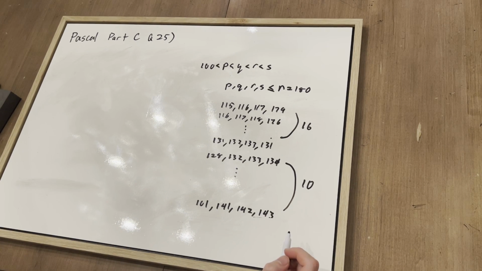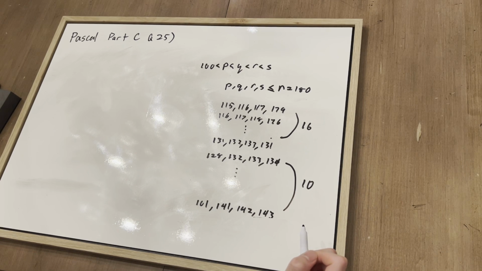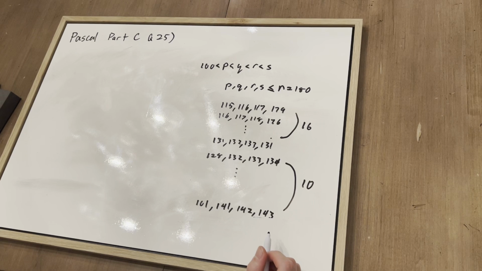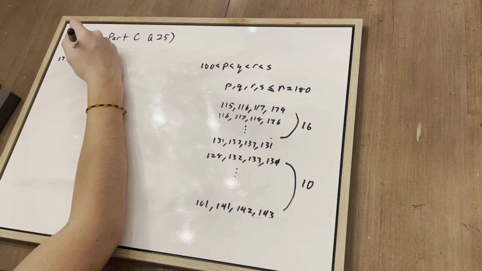we're only interested in the values of s, which happens to be the last numbers. So we want to check for duplicates, and how we would do that is to just actually write out every single value of s and check for duplicates. So you start at 179 and then start working backwards.